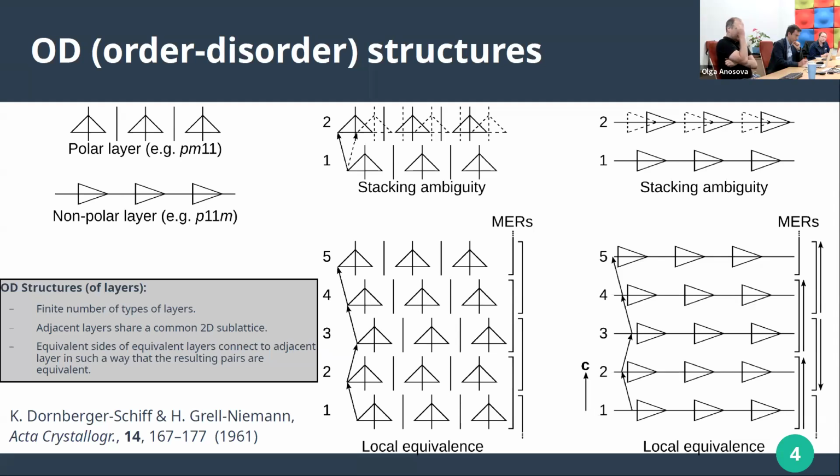And now the idea is the following. When you have these layers and they have a higher symmetry than the overall crystal structure, like, for example, these two layers here, they have a reflection plane, which is marked by this line, by this segment. And the reflection plane of the lower layer is at a different position than the one of the upper layer.